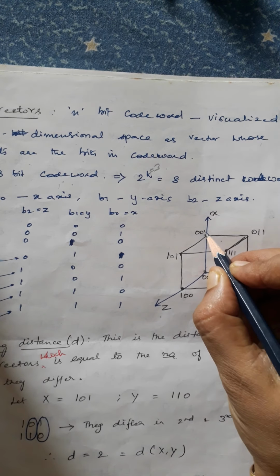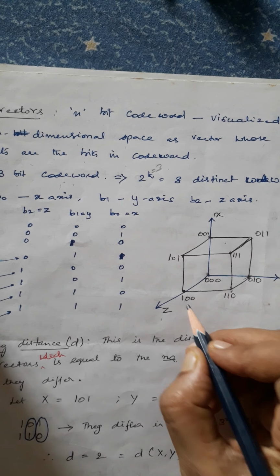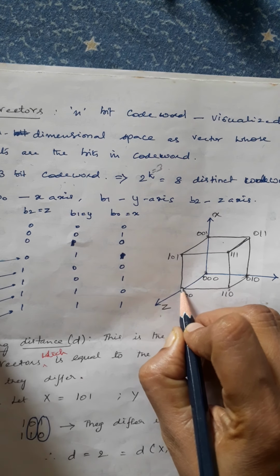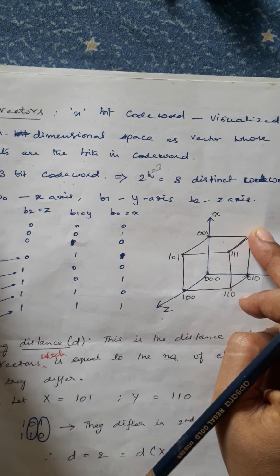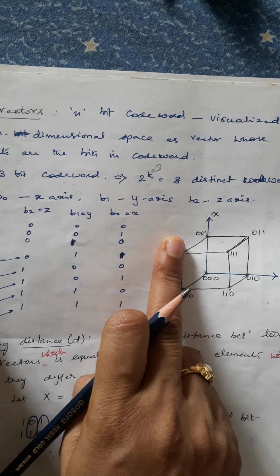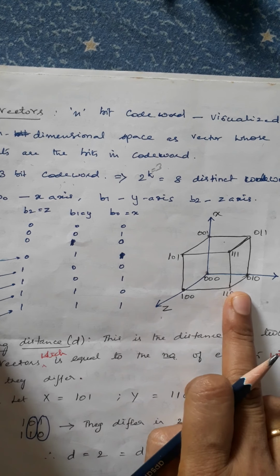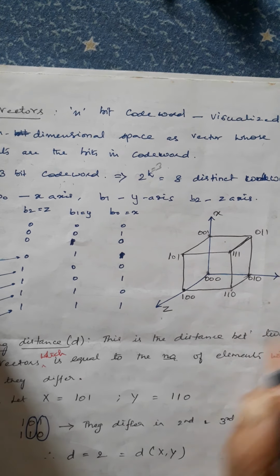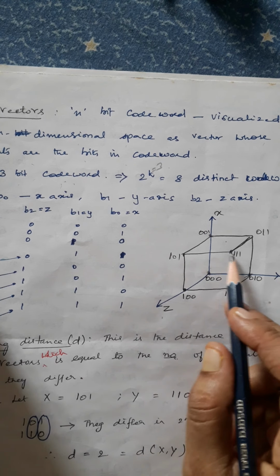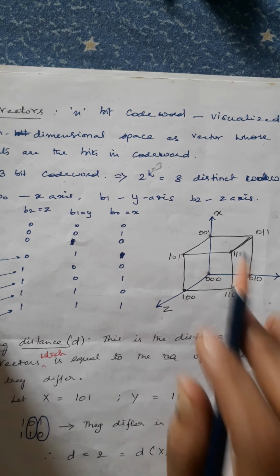On the x axis one point, y axis one point and z axis one point, and in the xy plane one point, xz plane another point, yz plane another point, and in free space one more point. So these are the 8 distinct code words possible.